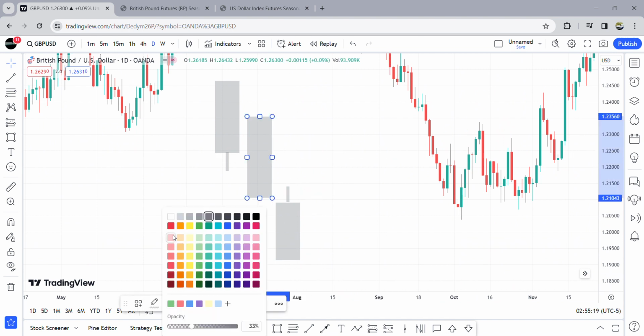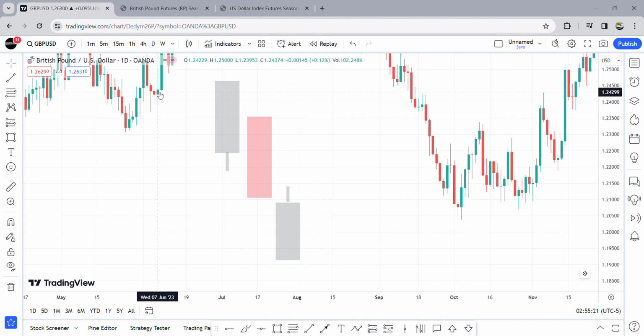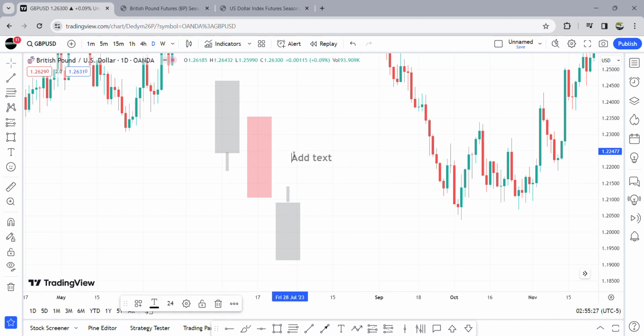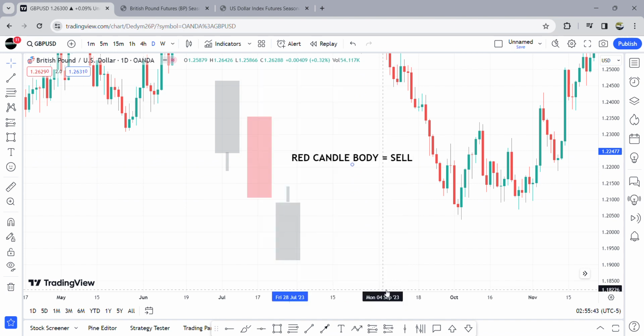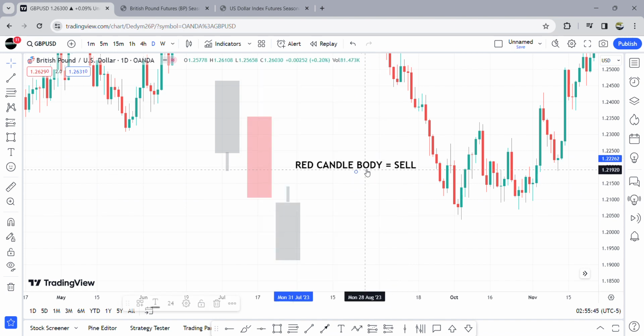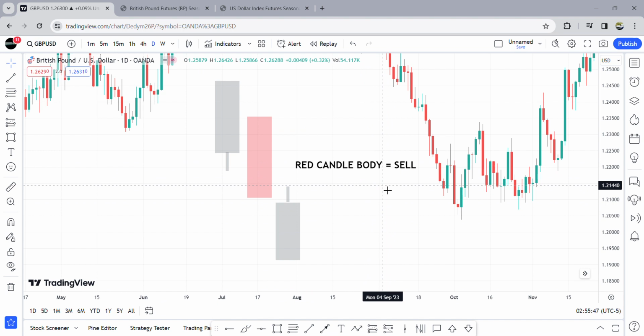So the body of the candle is red. Red candle body equals sell.